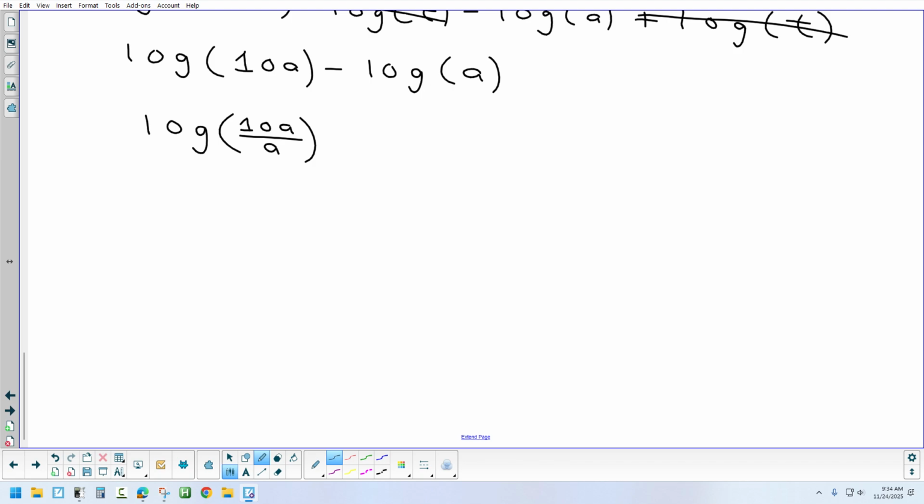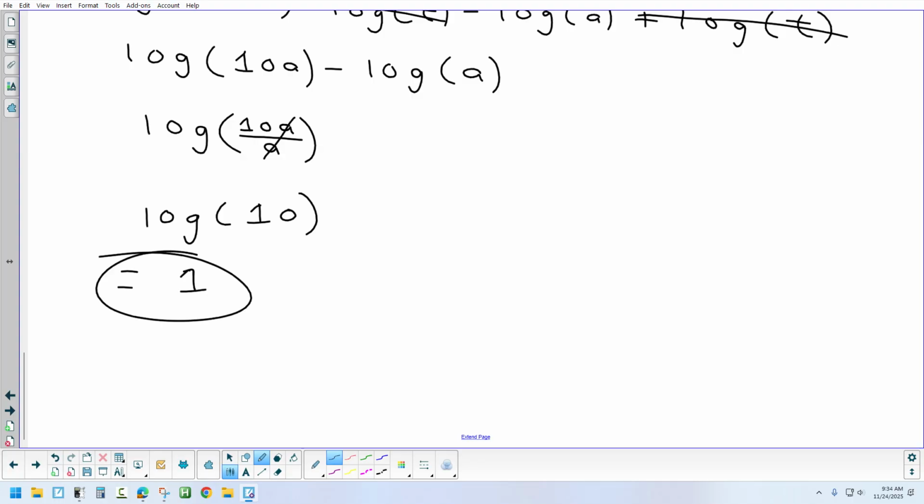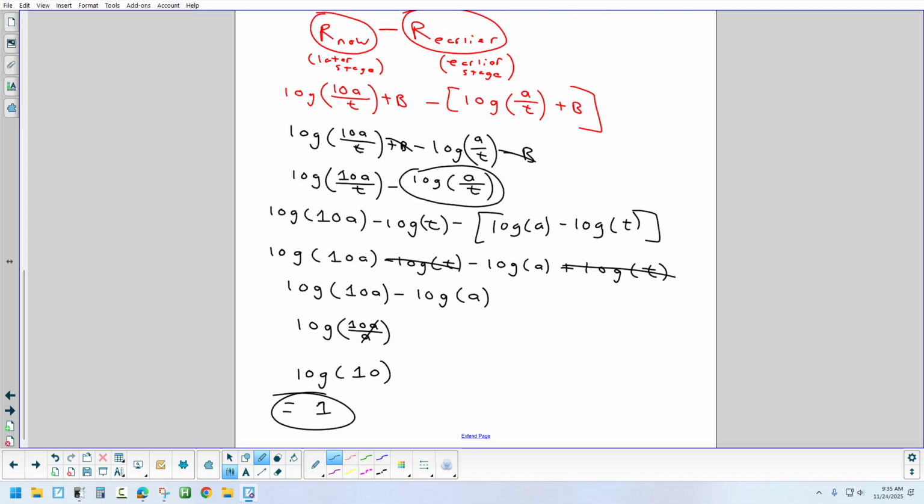The A's cancel out. And now we're left with the log of 10. What's the log of 10? 1. There you go. So that means if the vertical ground motion increases by a factor of 10, that's an increase of 1 on the Richter scale.